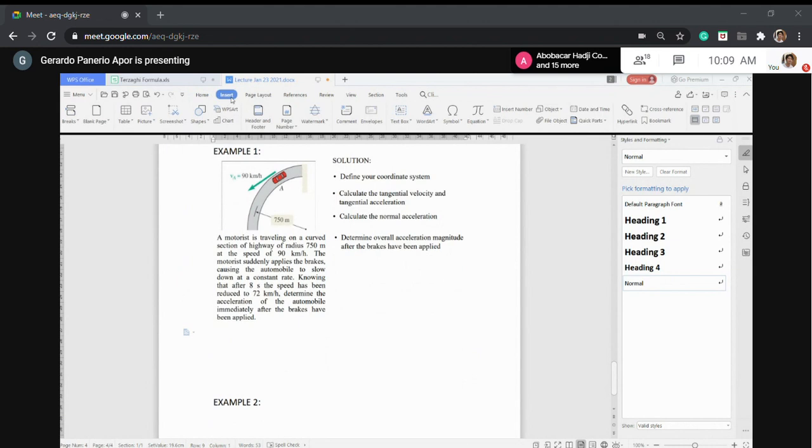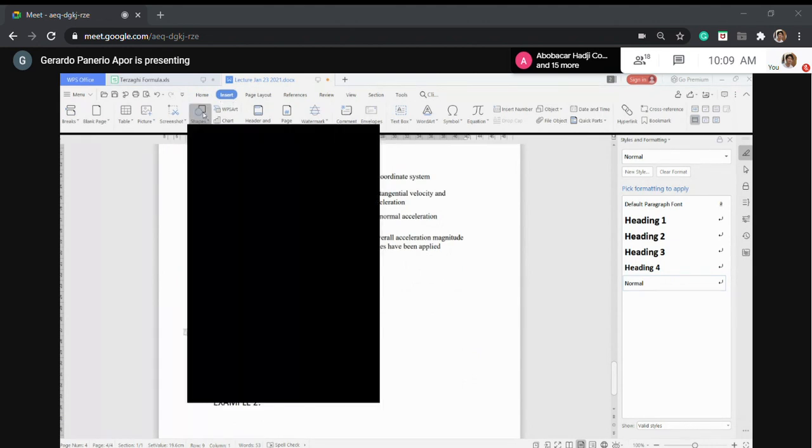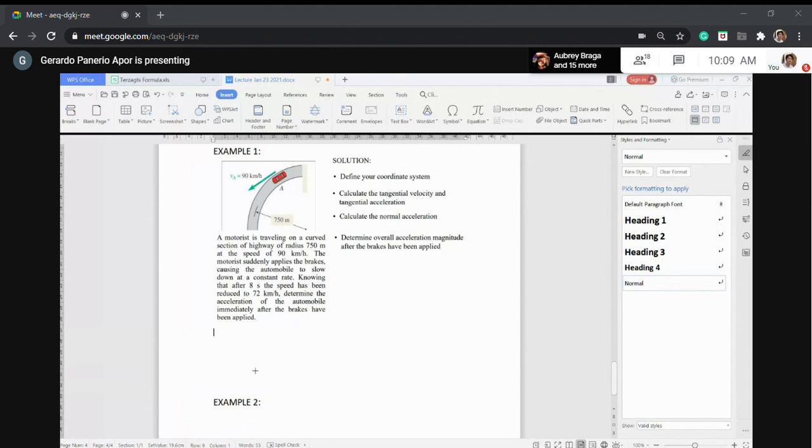So, I insert a curve. Settings first curve. Okay. So, I have a curve here.